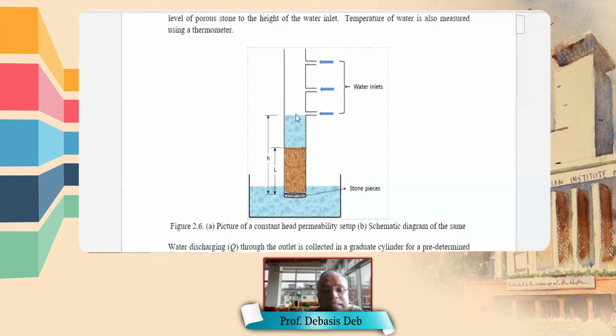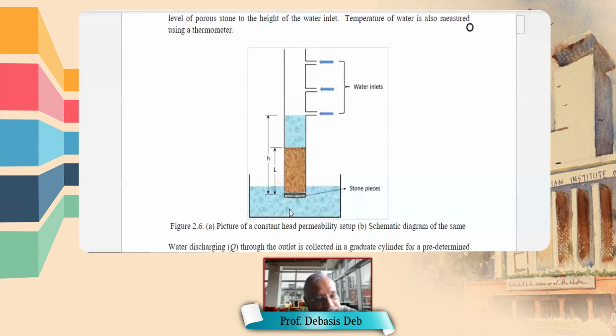Now what happened? We have to maintain this water height. So the inlet will be continuously coming, and the outlet also, the water will come from this side, from the bottom. Okay. So that has to be balanced so that the height H at no point of time during the experiment is compromised.